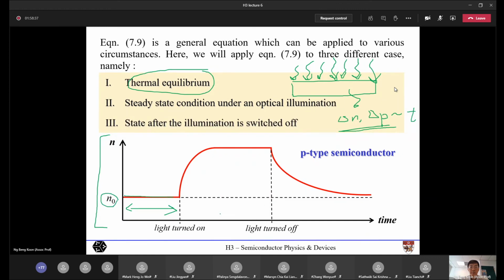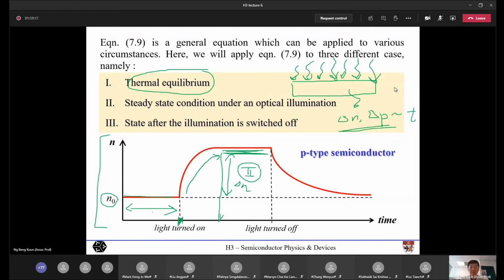And let's say at some time here, I switch on the light on the semiconductor, then extra carriers are created. So you expect the carriers to increase in number up to a stage where it will stabilize. This part where it stabilizes is the one that we're going to analyze. That's case 2. What is this extra carrier that is present here? In other words, we're trying to find out what this delta N is.